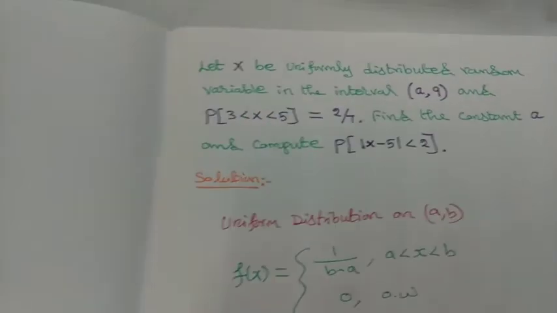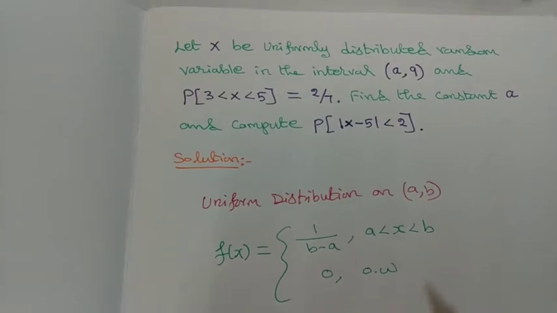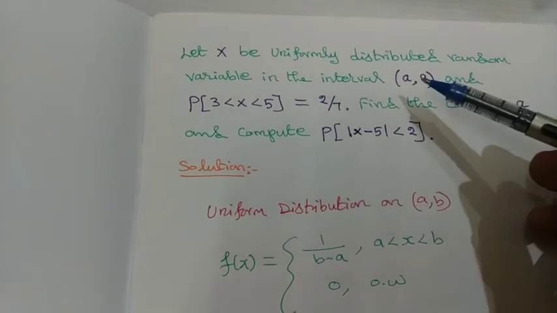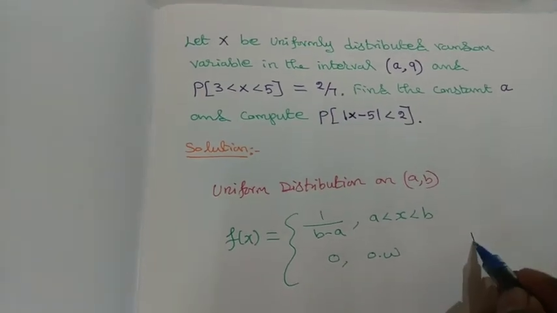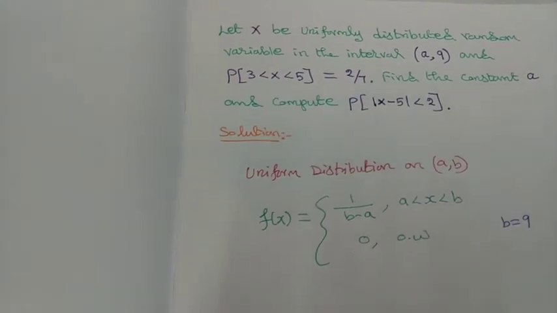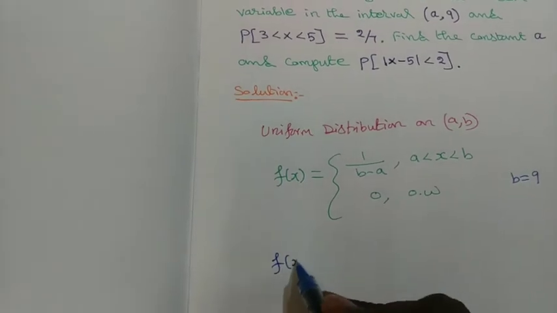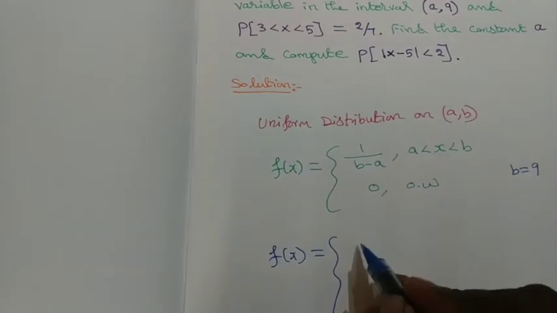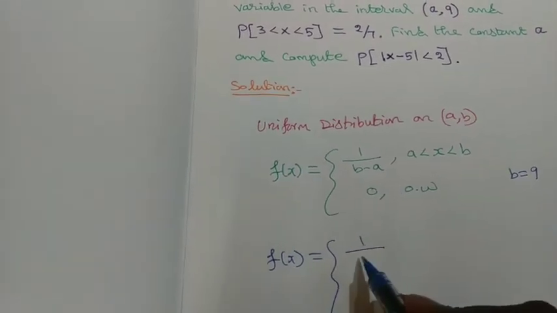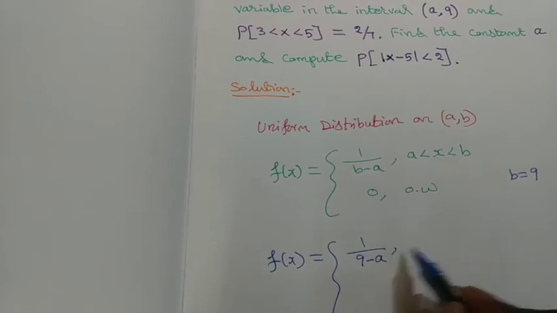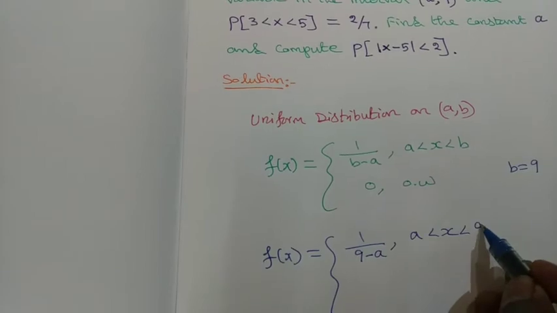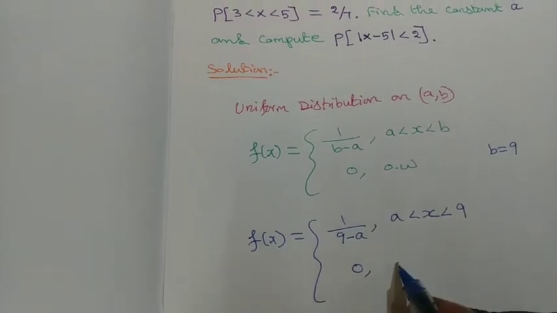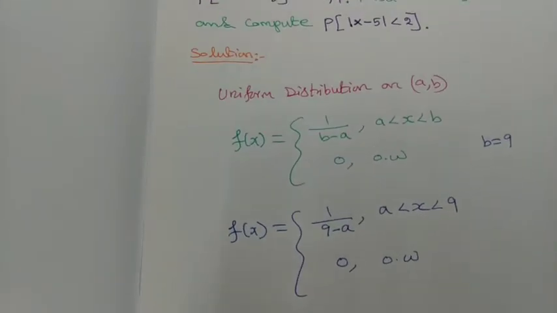Okay, so by comparing this interval with (a, 9), a is a, b is 9. So b equals 9. Therefore f(x) is equal to 1 by (9 - a), for a < x < 9, and 0 otherwise. So this is f(x).